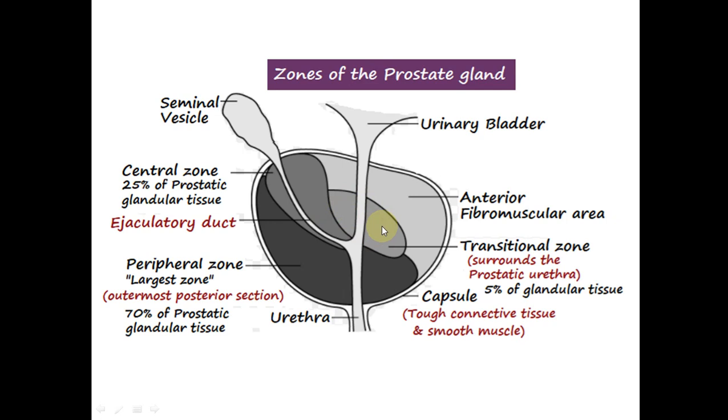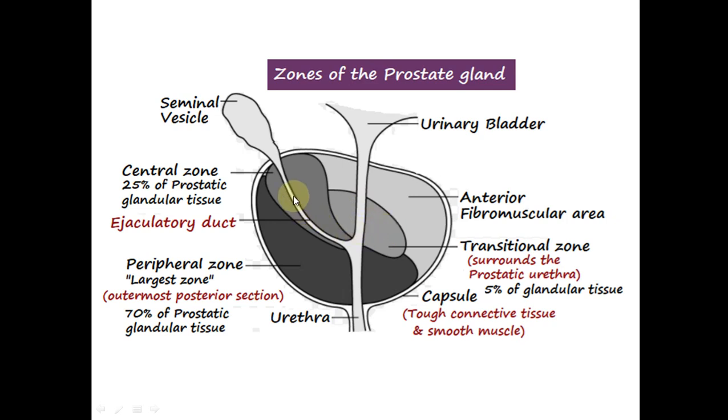For this reason, problems with urination or obstruction to urination occur very early in benign prostatic hyperplasia when we compare it to prostatic cancer. Since the common site for prostate cancer is the peripheral outermost posterior zone, it is a little away from the urethra and it takes time to cause compression or obstruction of the urethra, giving rise to the specific symptoms.